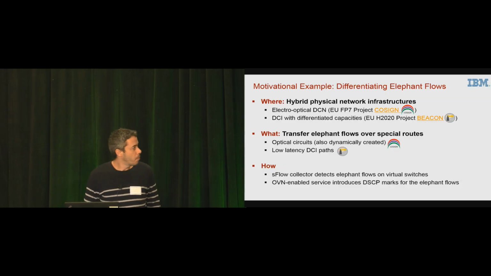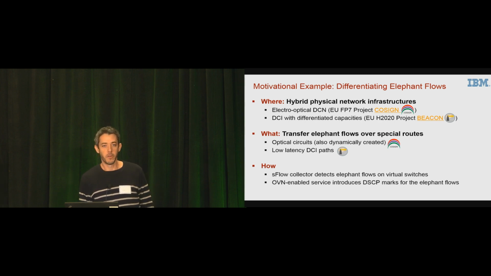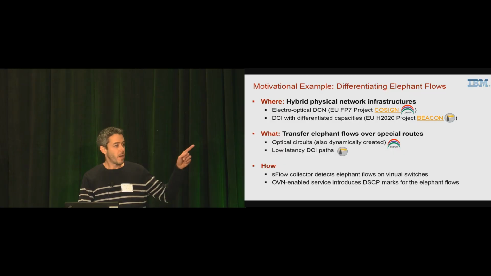We wanted basically to separate different flows onto different fabrics, to route the elephant flows on top of the optical circuits in the case of COSIGN. So what we actually did is we had an sFlow collector that collects samples of the flows and detects elephant flows. Then, via the OVN-enabled service, we marked these flows with a specific IP DSCP value.